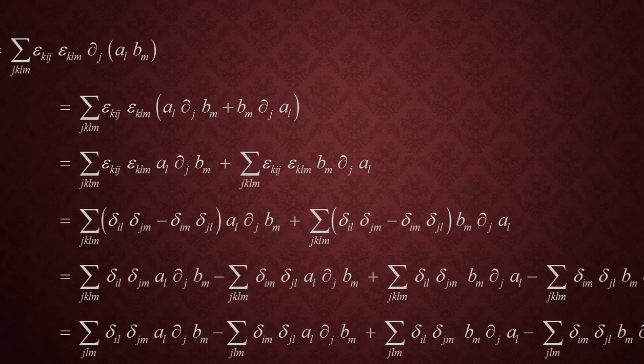Now the representation becomes summation sigma over jklm delta suffix il delta suffix jm al dou j bm minus summation sigma over jklm delta suffix im delta suffix jl bm dou j al plus sigma over jklm delta suffix il delta suffix jm al dou j bm minus summation sigma over jklm delta suffix im delta suffix jl bm dou j al.